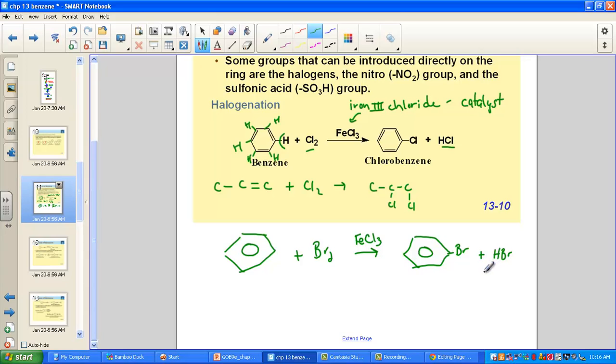Treatment of benzene with bromine in the presence of our catalyst, iron 3 chloride, results in the formation of bromobenzene and the second product, hydrogen bromide. Without this catalyst, no reaction would occur. So the first of the substitution reactions is called halogenation. Placing a halogen onto the benzene requires the catalyst.